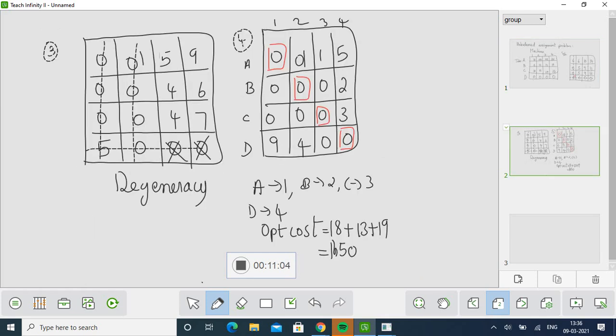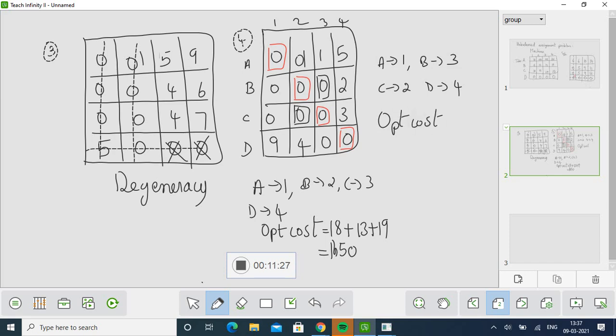Okay, ma'am. Right. Now there is an alternate solution. So what is the alternative? The alternative is I can choose this 0 and I can choose this 0. So I will have my A goes to 1, my B goes to 3, my C goes to 2, and my D goes to 4. So suppose I am going for the other solution.